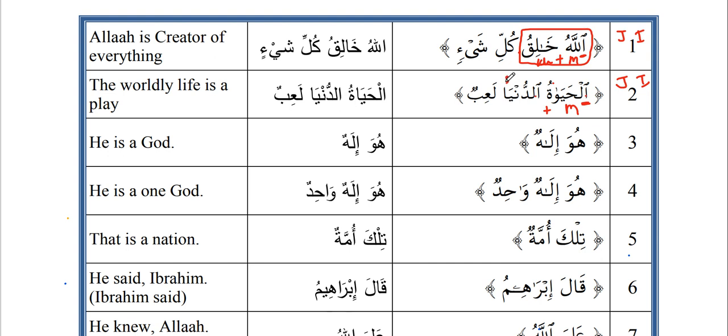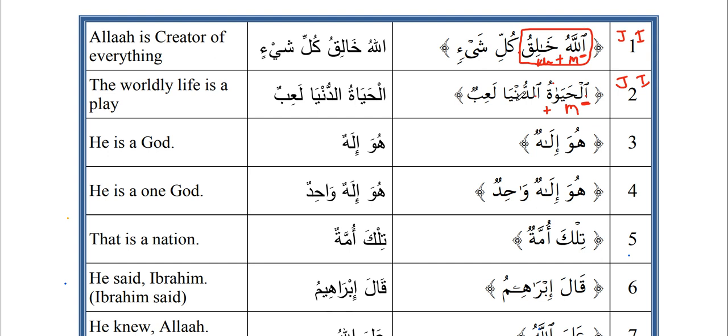I will only assume in my mind that there is a dhamma here on the long vowel. Then this is a feminine noun with the ta marbuta. What about this? There is no ta marbuta. Remember, the nouns which are considered feminine are particular nouns. Dunya is considered to be feminine in Arabic. So this is definitely the sifa.